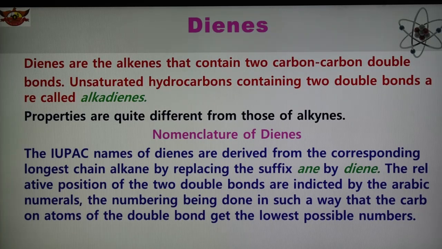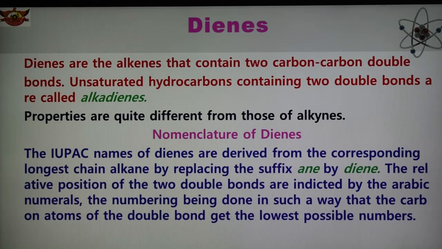The numbering is done in such a way that the carbon atoms of the double bonds get the lowest possible numbers. The position of a substituent, if present in the compound, is indicated by placing the number of the carbon atom bearing the substituent before the name of the substituent. The common name is given in the bracket.